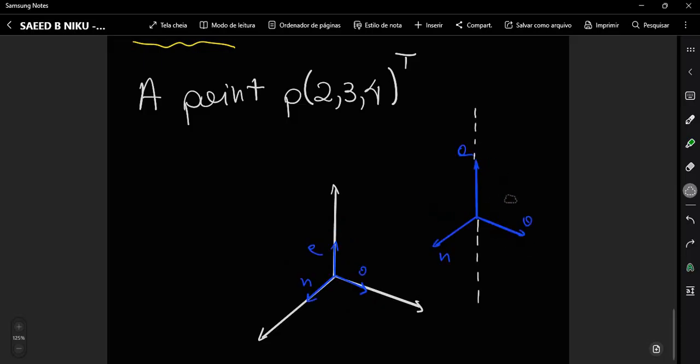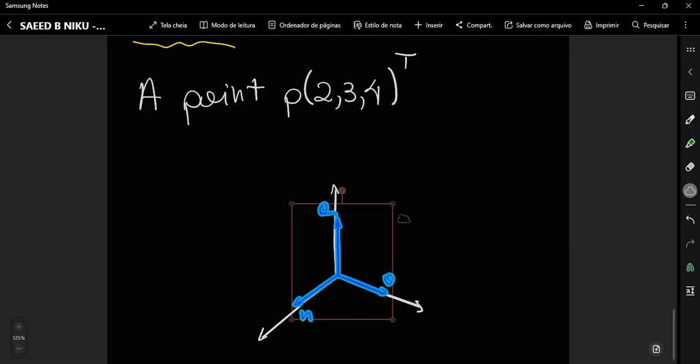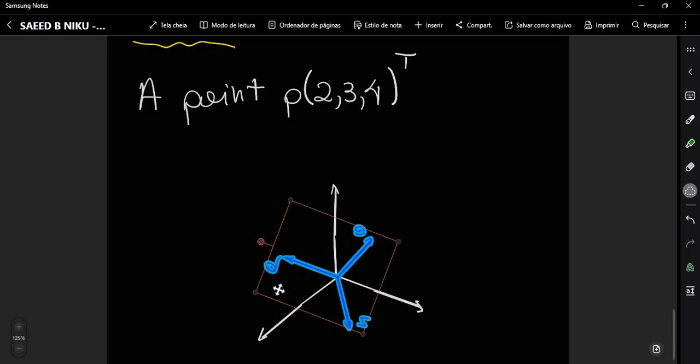Let me do it again, but I'm going to place this F in the OA referential system. I'm going to place it right here. And now I'm going to do this movement.